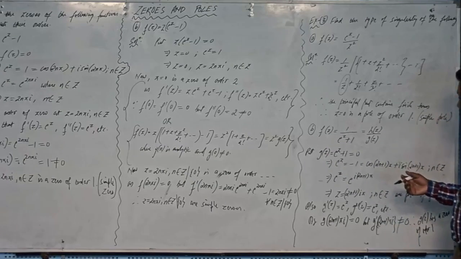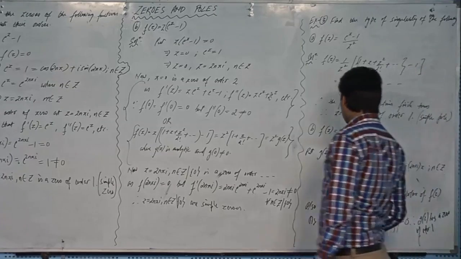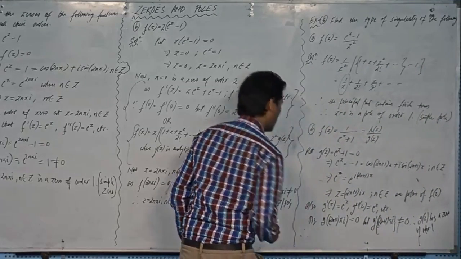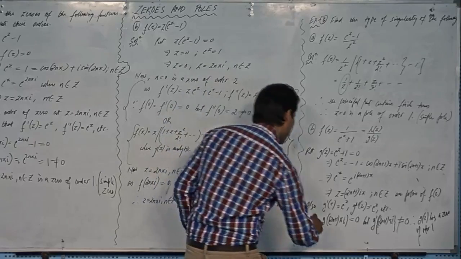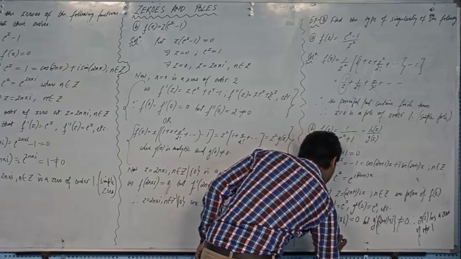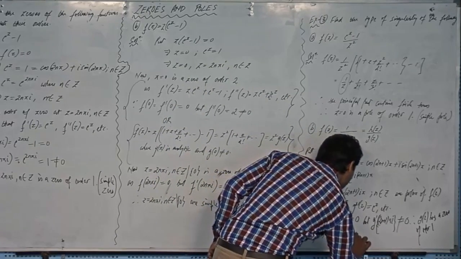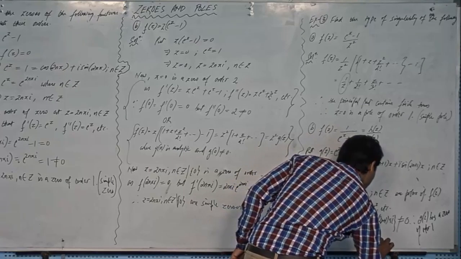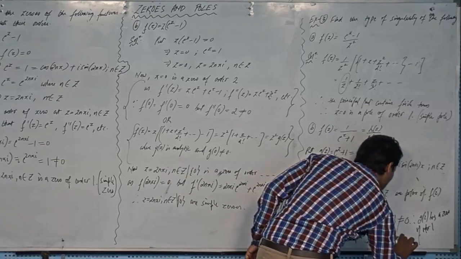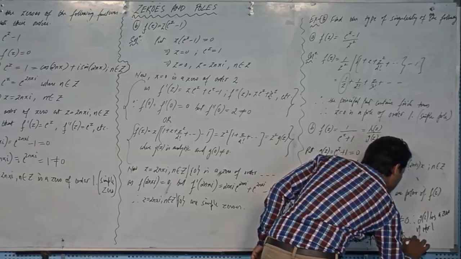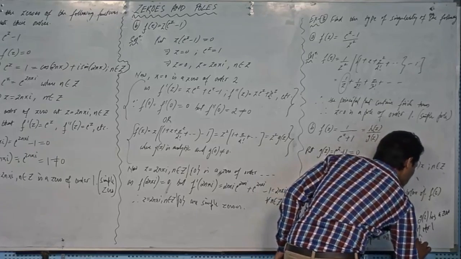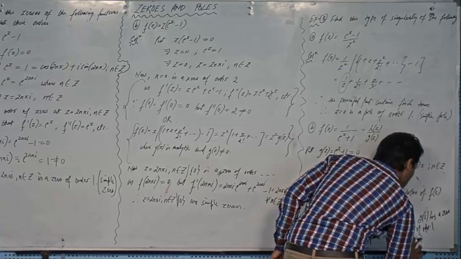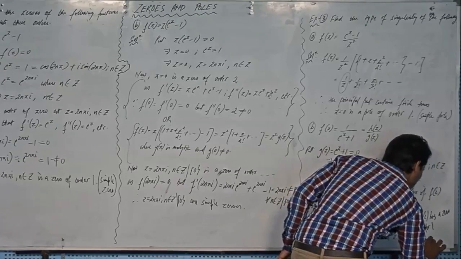I will write that here. Therefore f(z) has a simple pole at z equal to (2n plus 1) pi eta, n belonging to Z.